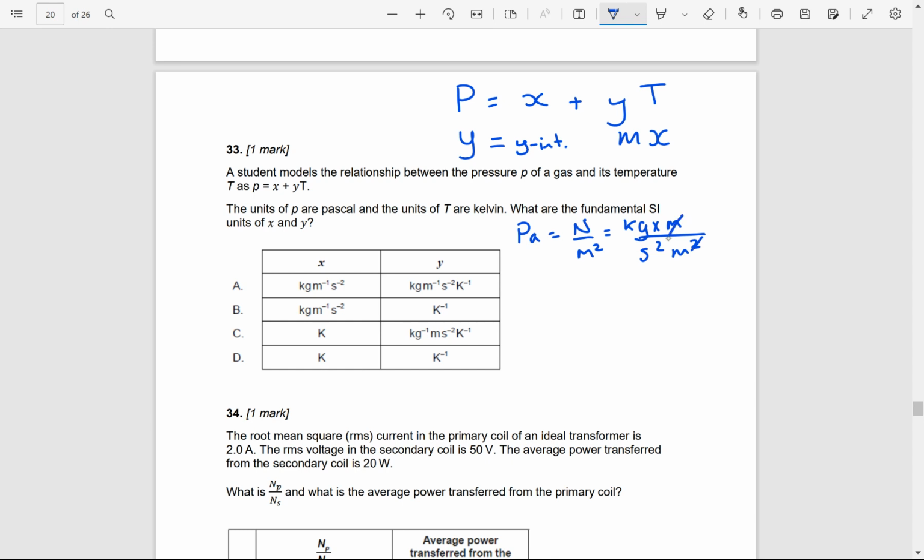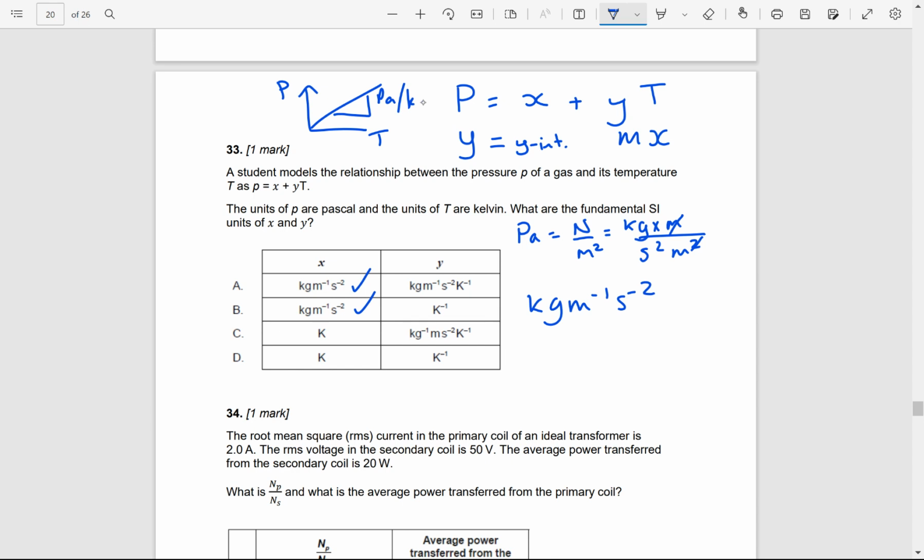Okay. So they cancel. So it's kilograms per meter second squared. That's your pressure. And then your y is your gradient. So it's kilograms per meter per second squared divided by, because it's pressure divided by temperature.